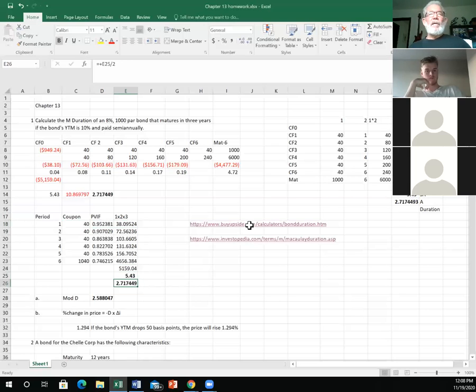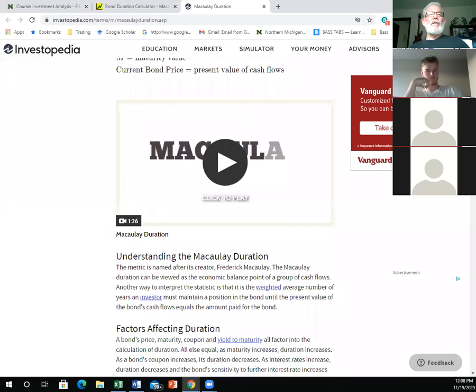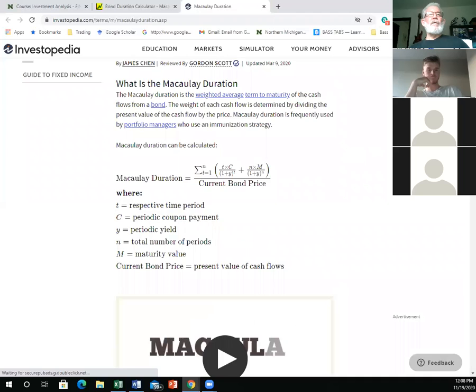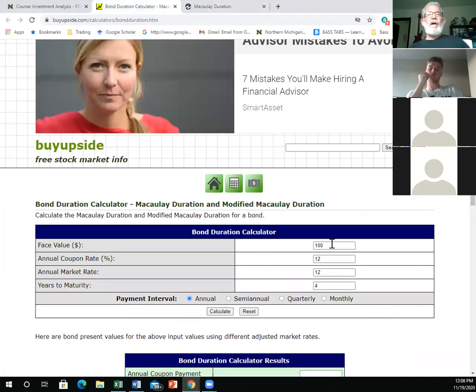And actually even better than that, if we use their calculator, here's the calculator on this website. So the base value, I changed it to 1,000. The annual coupon rate was 8%. The annual market rate is 10%.